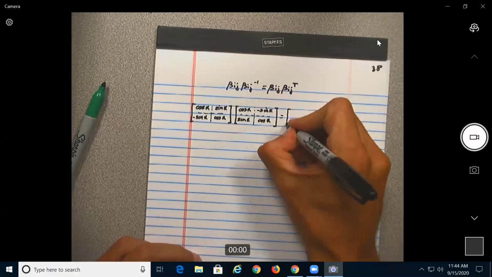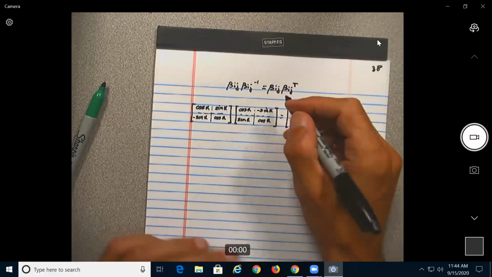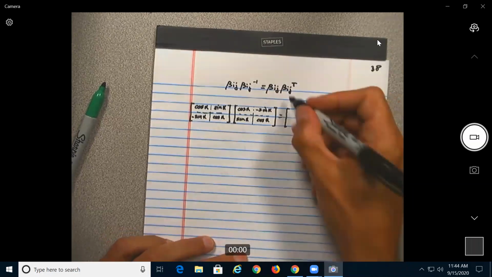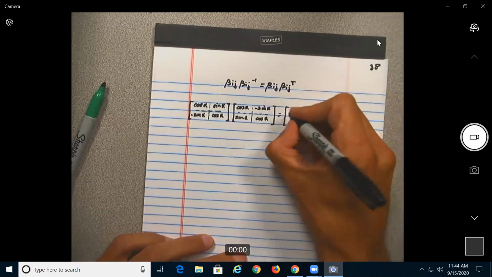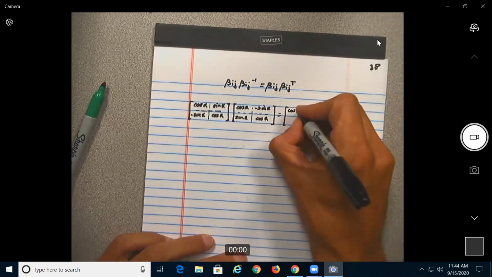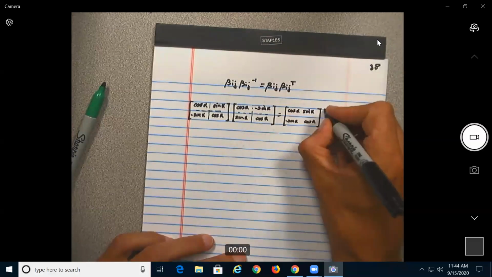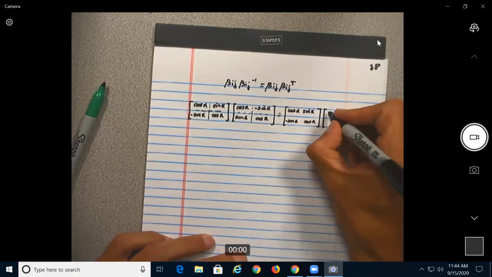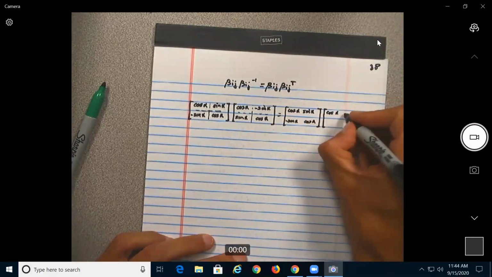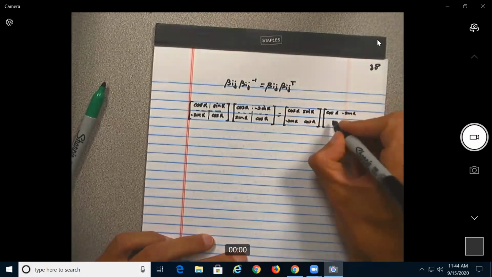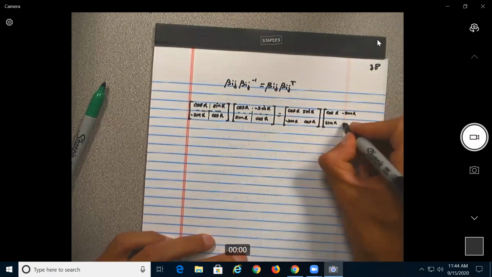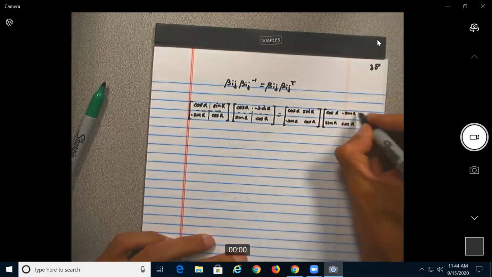And this is obviously equal to the same thing, cosine alpha, sine alpha, minus sine alpha, cos alpha, written in the transposed form.